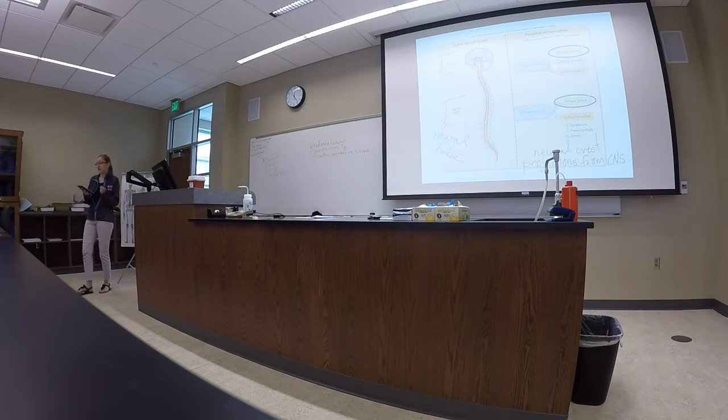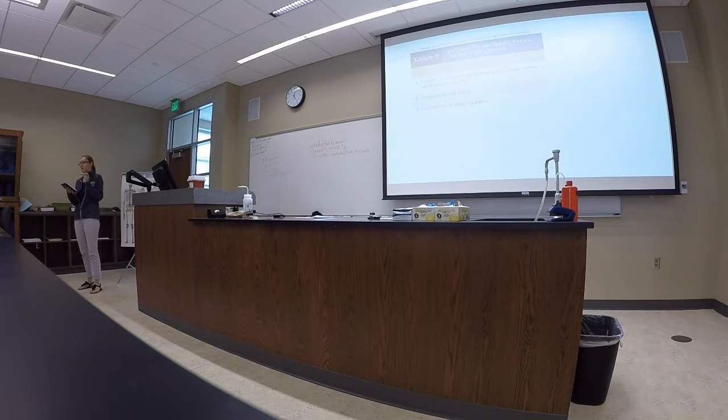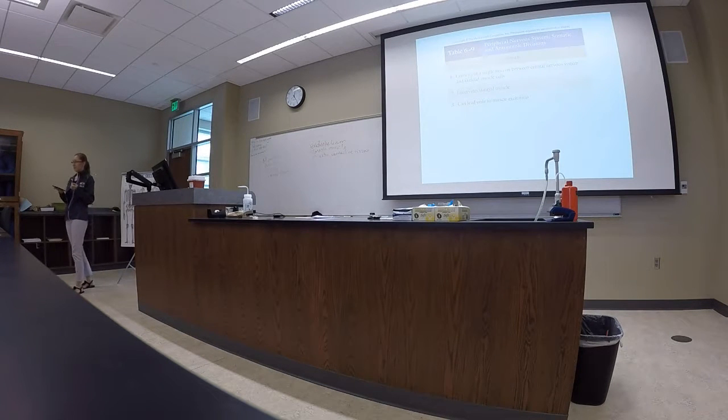Okay. So first we'll just do a quick overview of the somatic sensory and somatic motor systems. So together the somatic nervous system. And these are the voluntary, the conscious voluntary system, if you think of it.